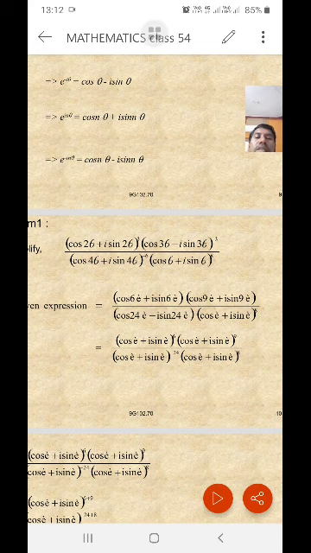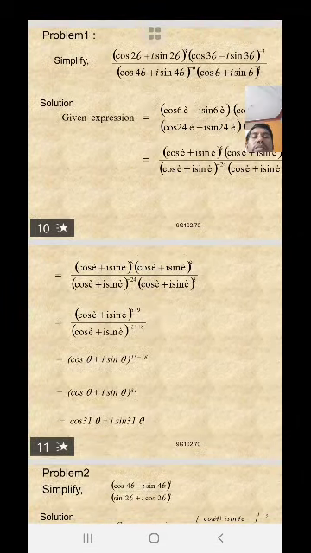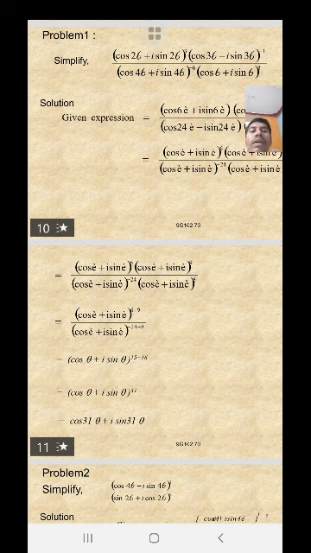In the denominator also, (cos θ + i sin θ)^(−24) and (cos θ + i sin θ)^8. That equals (cos θ + i sin θ)^6 (cos θ + i sin θ)^9 by (cos θ + i sin θ)^(−24) (cos θ + i sin θ)^8.